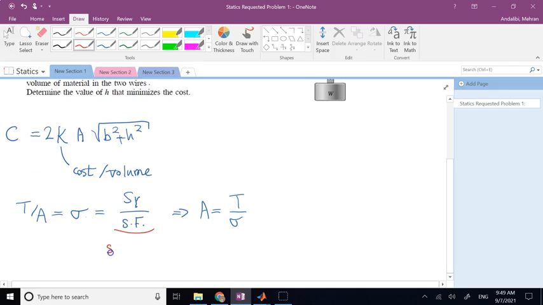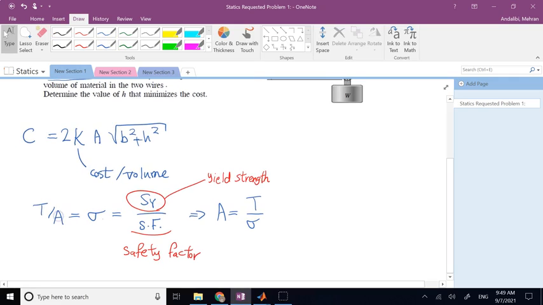Okay, so this is what we call the safety factor, and this guy is what we call the yield strength. Right? So, of course, this is a very simplified analysis, but it should be good enough for now. So you see, this is your cost function.